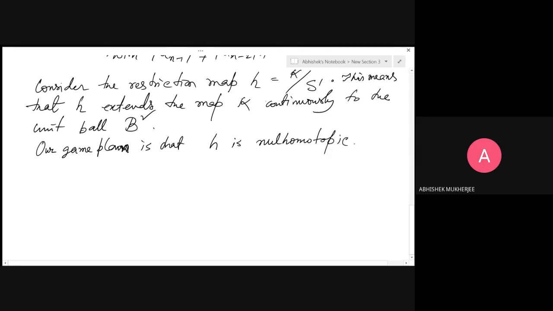So what does it mean by homotopy of paths? At this moment we need to introduce this concept, the homotopy of paths.